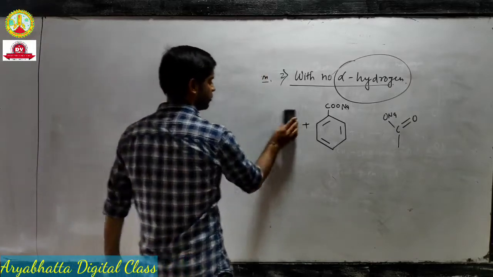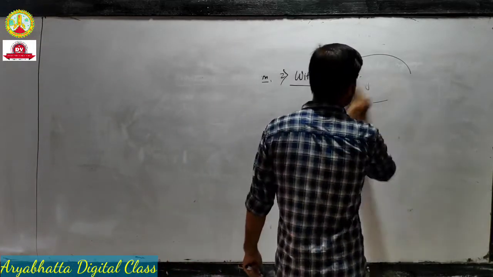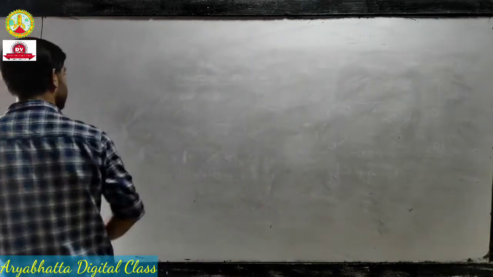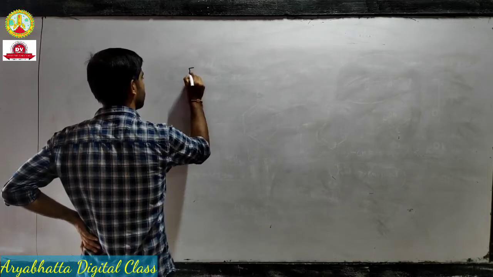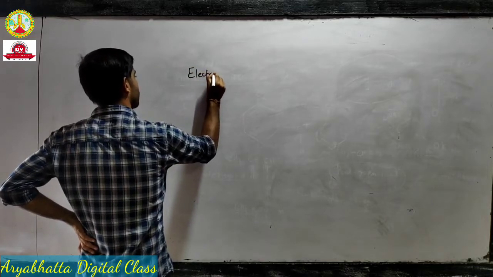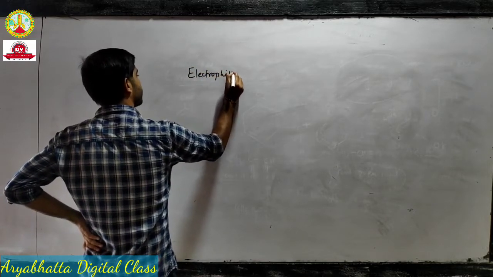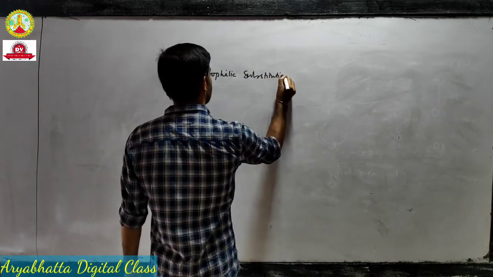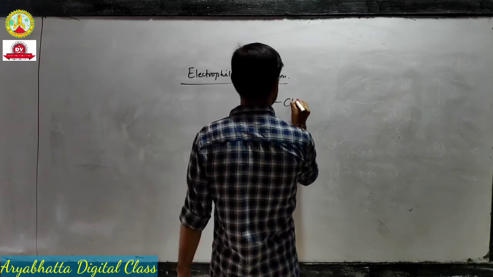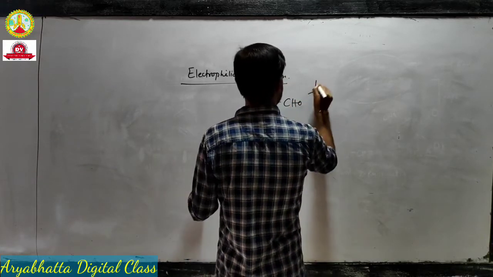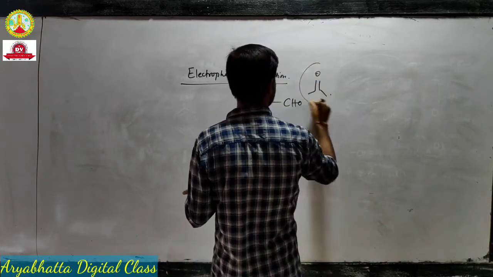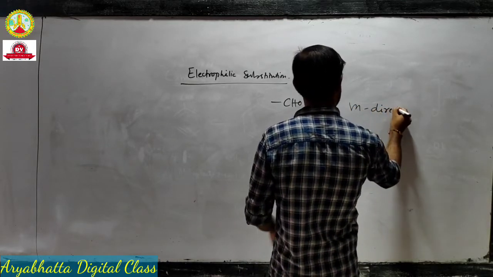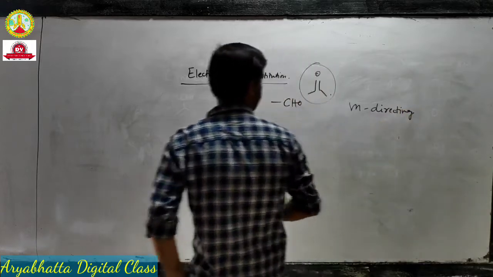Now we will go to the last part of our reactions in aldehyde and ketone, and that is electrophilic substitution. We know that the CHO group is meta-directing and deactivating.